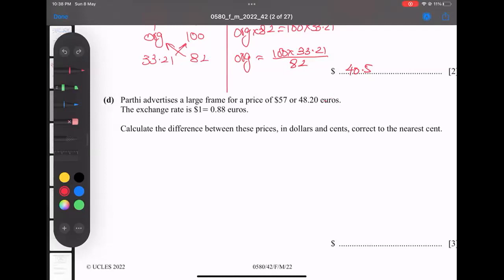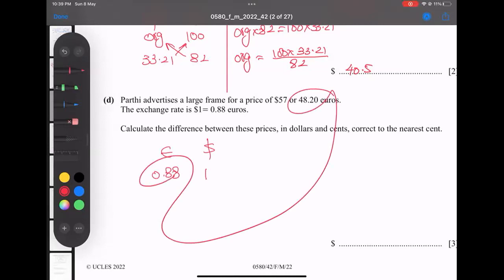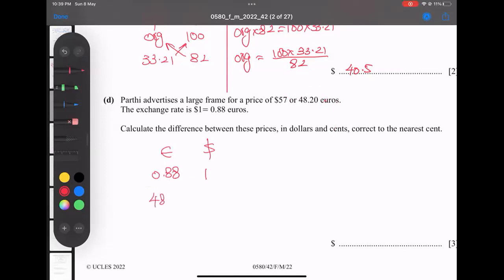Now I'm writing here euros, and here dollars, and the exchange rate is $1 equals 0.88 euros. And this many euros I want to find, so 48.20, and here D for dollar. Okay, so I just cross multiply: D times 0.88 equals 1 times 48.20, and it will divide.